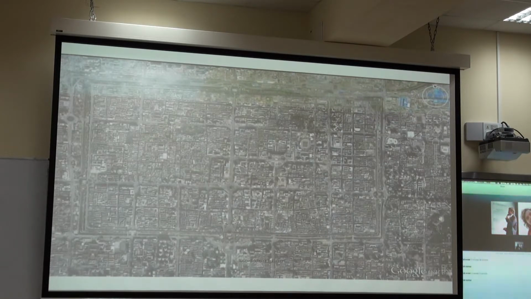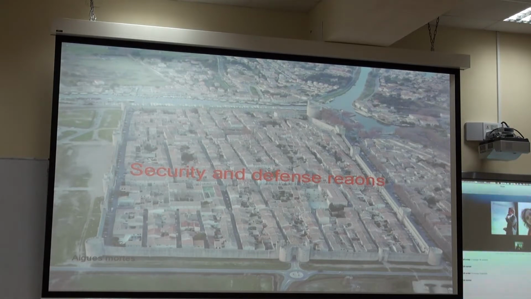Next one. Here we see a picture of Aigues-Mortes, which is a city in the south of France, in the Camargue. That city was built for one single purpose, and there was a harbor city from where the boats of the crusades to the Holy Land went. But that's another story.